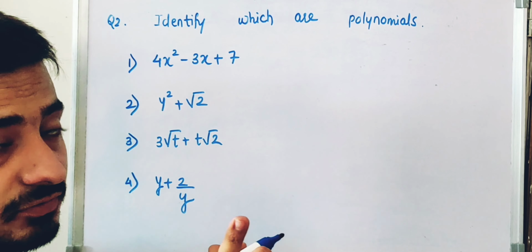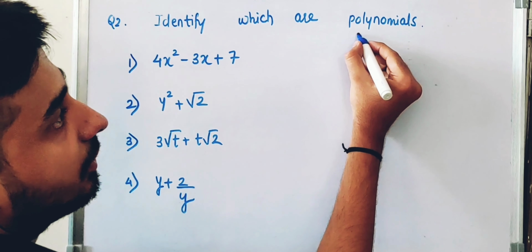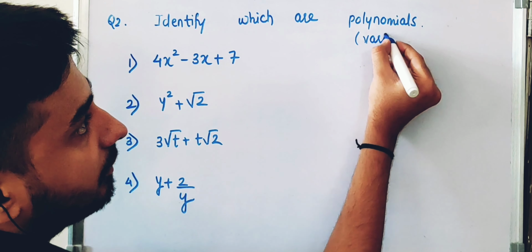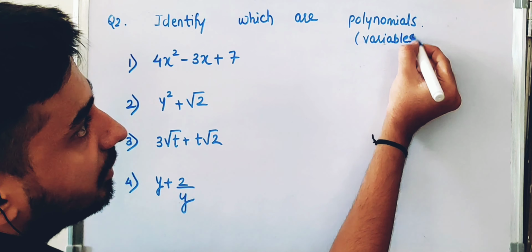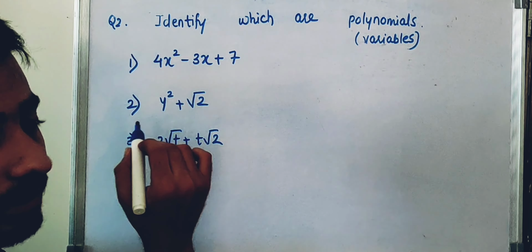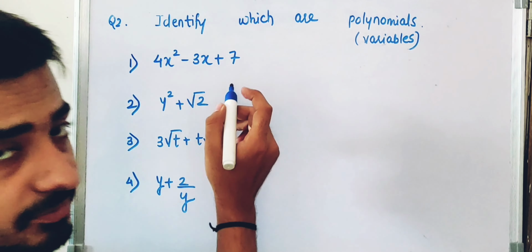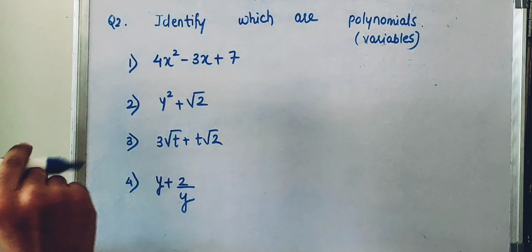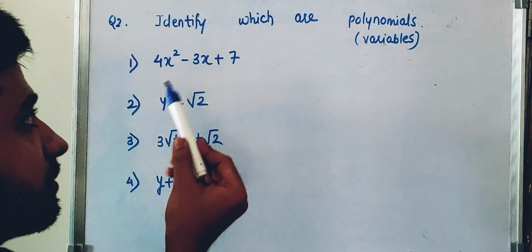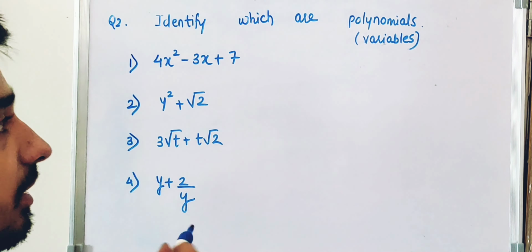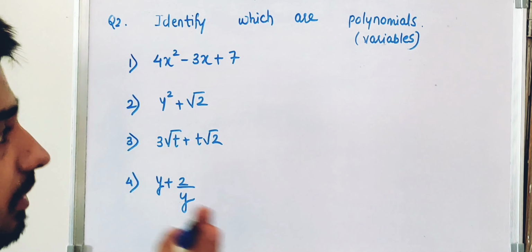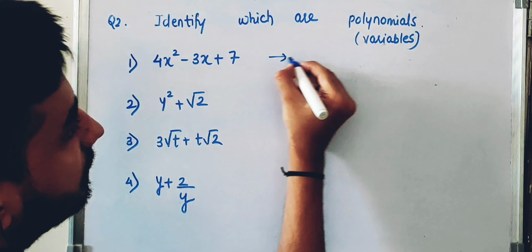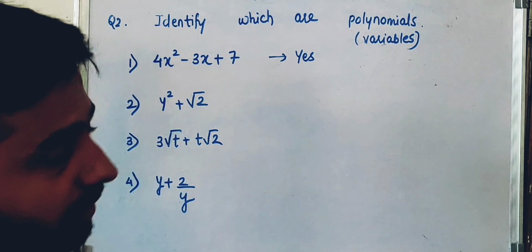We have to focus on variables only. What is the variable in this question, 4x square minus 3x plus 7? The variable is x. And is the power in proper format? Yes. So is it a polynomial? Yes. It is a polynomial.